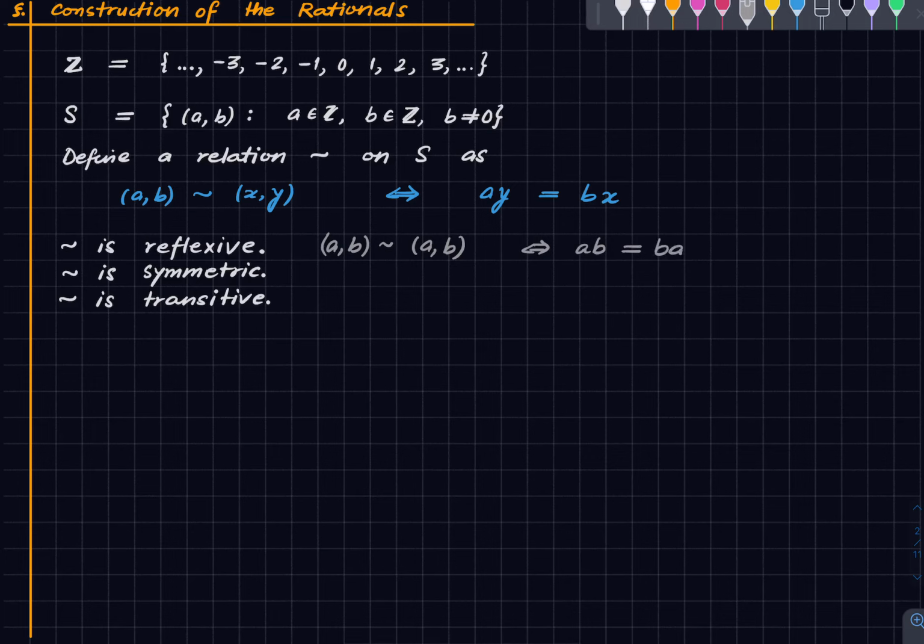So reflexivity follows, symmetry is trivial, and transitivity will require one line of computation. So let me leave this as an exercise. And therefore tilde is an equivalence relation.